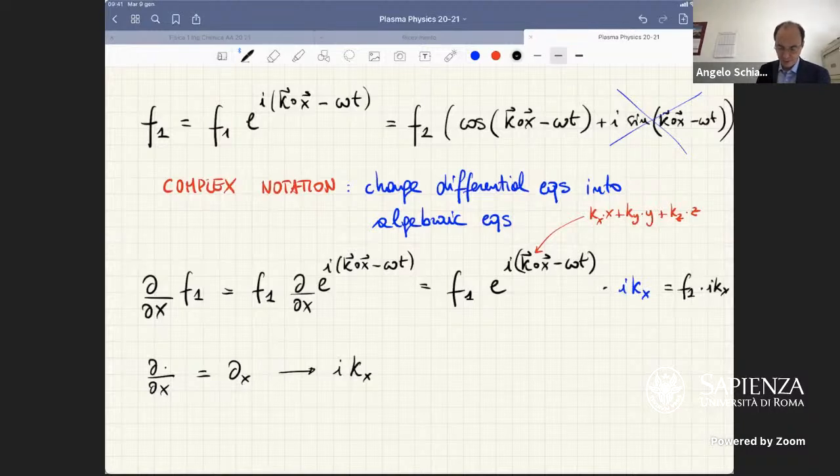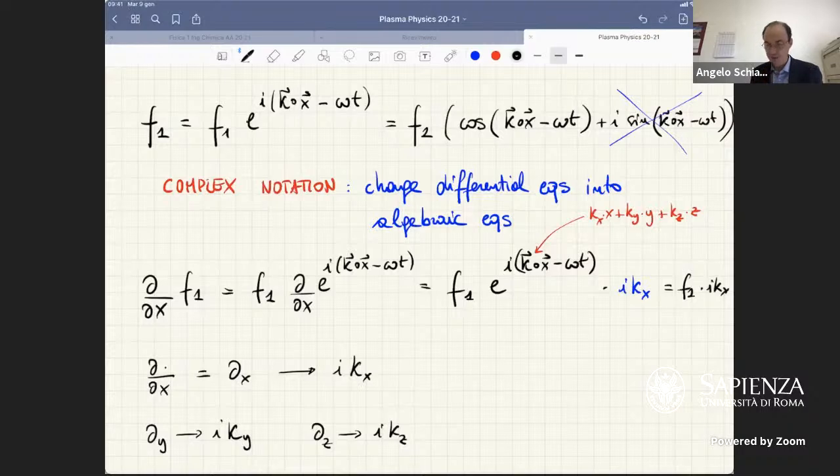The same is true for dy, which becomes multiplication of our perturbation by i ky, and dz becomes i kz, the z component of the wave number.